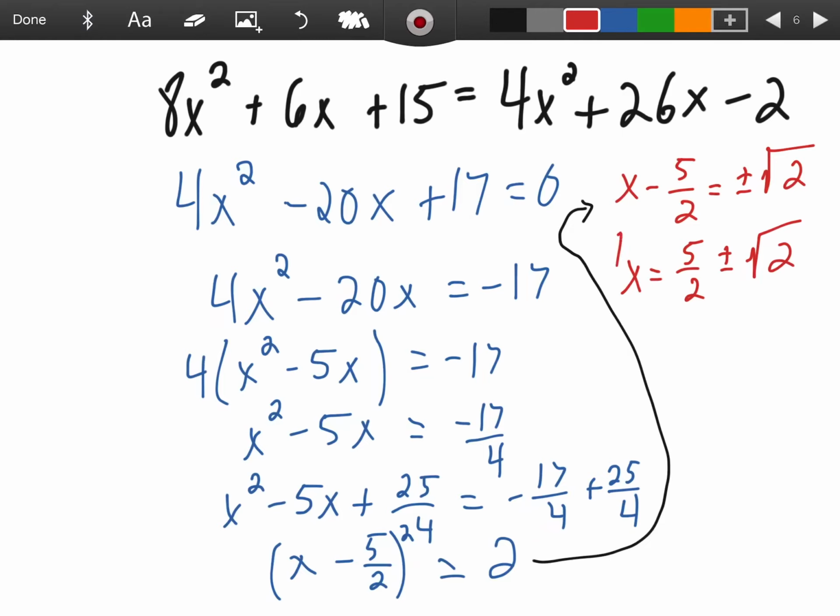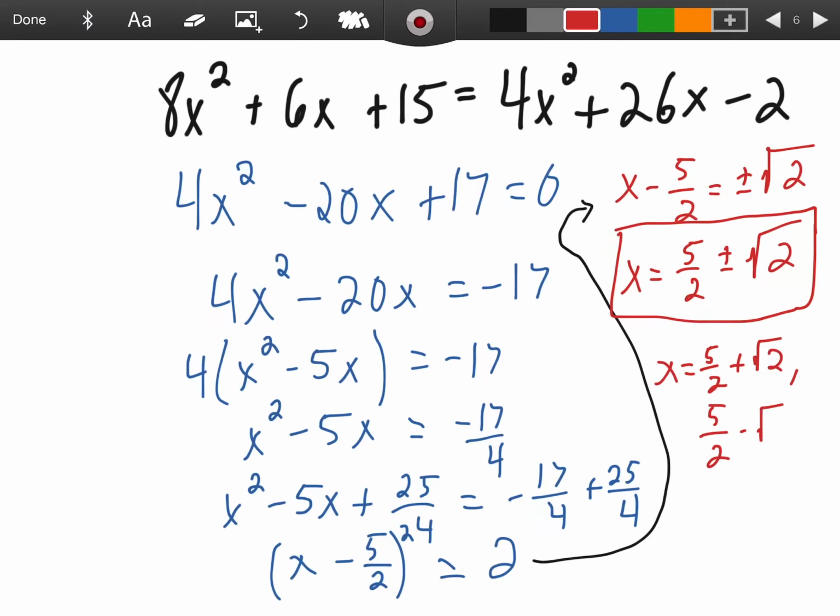Now, you can leave it just like this. This is definitely a correct answer. You could split it up and say x equals 5 halves plus root 2 or 5 halves minus root 2, but you don't need to do that. You can just leave it as plus or minus as long as you understand that means 5 halves plus root 2 as well as 5 halves minus square root of 2.